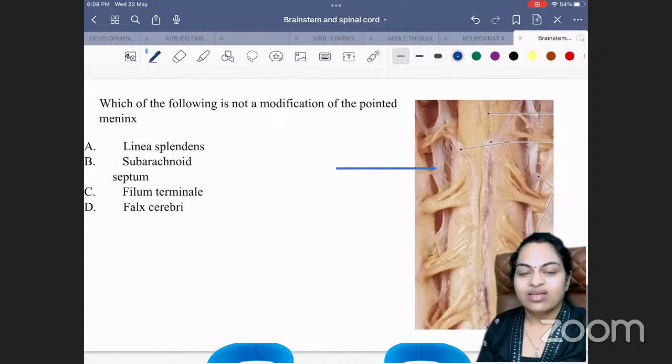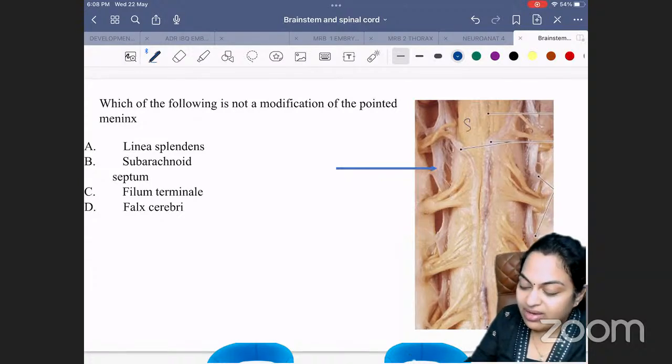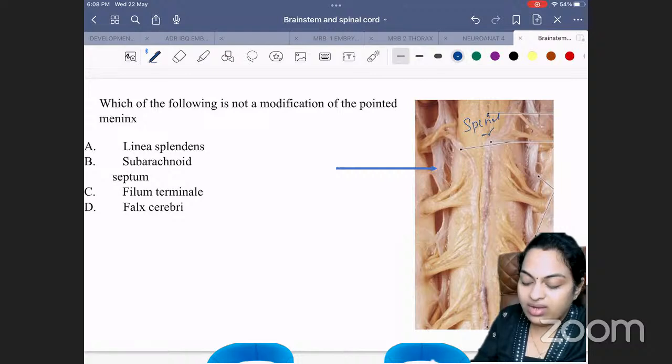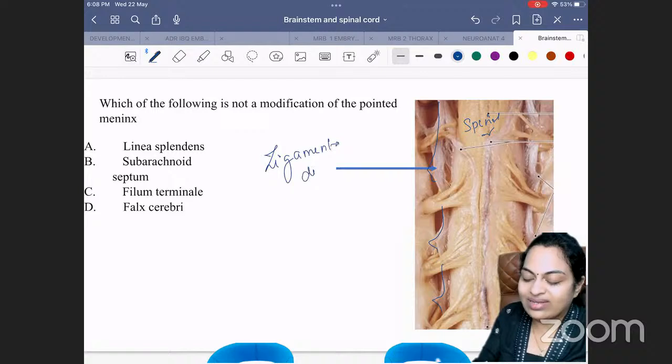Another one: which of the following is not a modification of the pia mater? That is the ligamenta denticulata. You can see the spinal cord here. This transparent membrane is in close proximity with the spinal cord. But this transparent ribbon with tooth-like projections from its lateral margin is called the ligamenta denticulata.